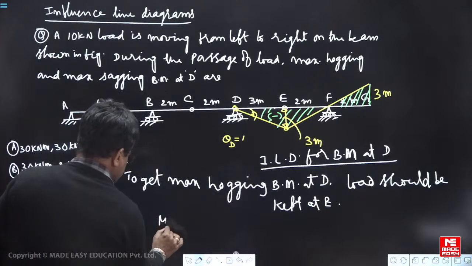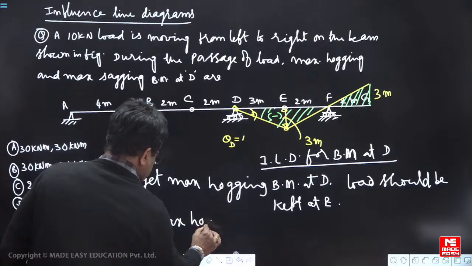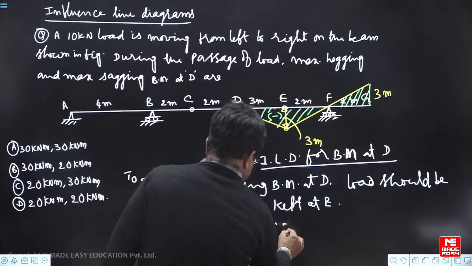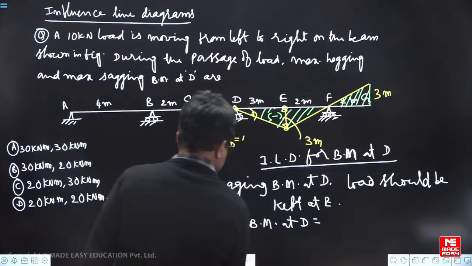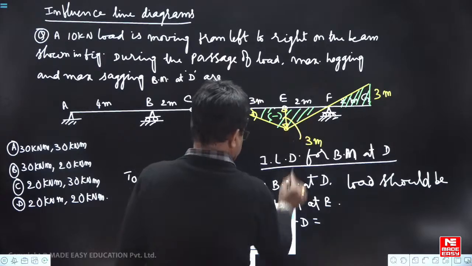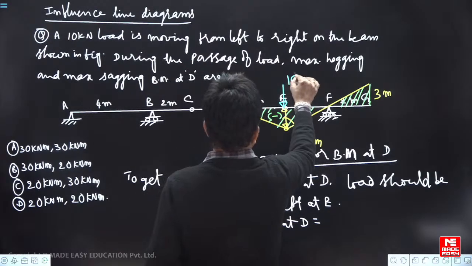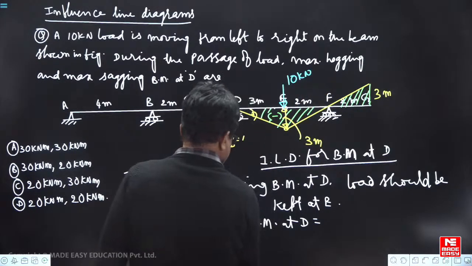So maximum hogging bending moment at D, keep the load here. Load is 10 kilonewton, 10 into minus 3.